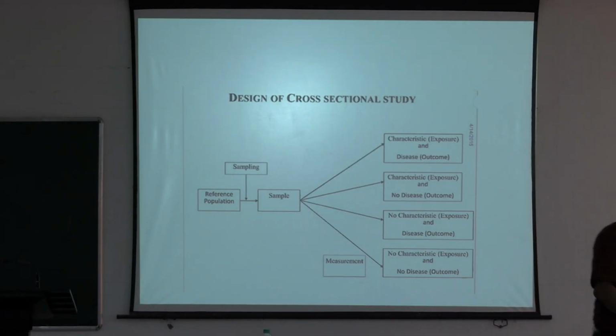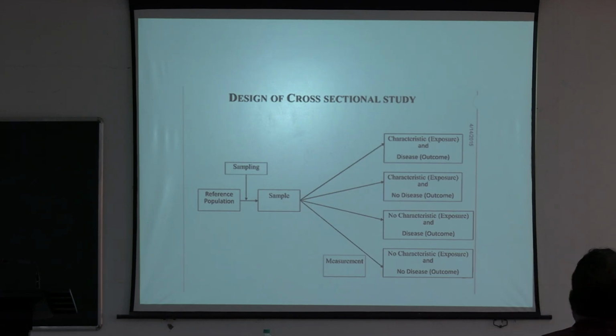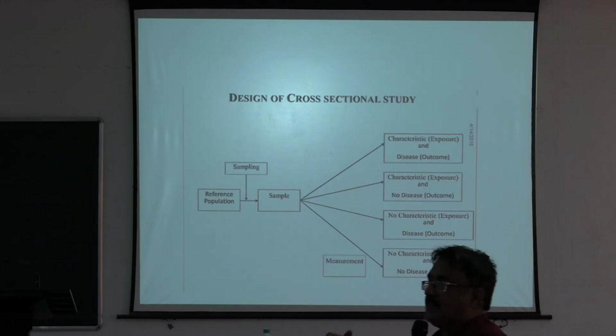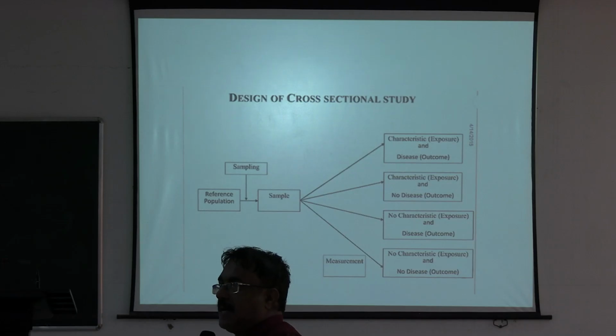The sample which you have, you should be able to get all these 4 categories. That is, exposed to something and has the disease. Second one is exposed but no disease; his body mechanism is good enough. Third one is not exposed but still he's got the disease. And fourth one is not exposed, no disease. Is it clear? There are 4 things.